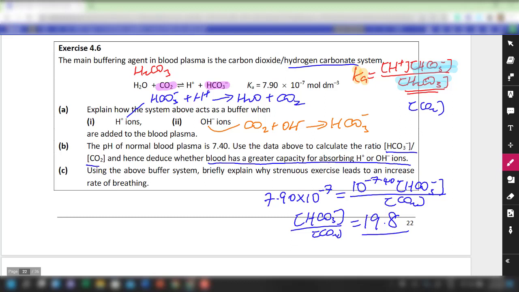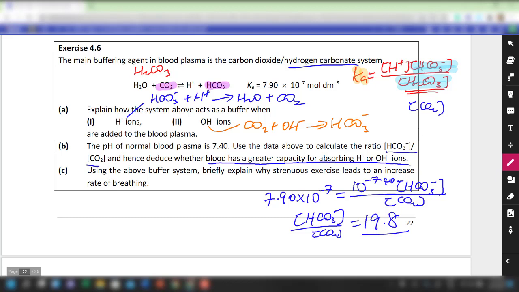But in this case, it works for blood, because most of the reactions in our body produce H plus. So our blood has evolved in a way so that it has a much greater capacity to absorb H plus, because in this case, I have a lot more bicarbonate present in the blood.